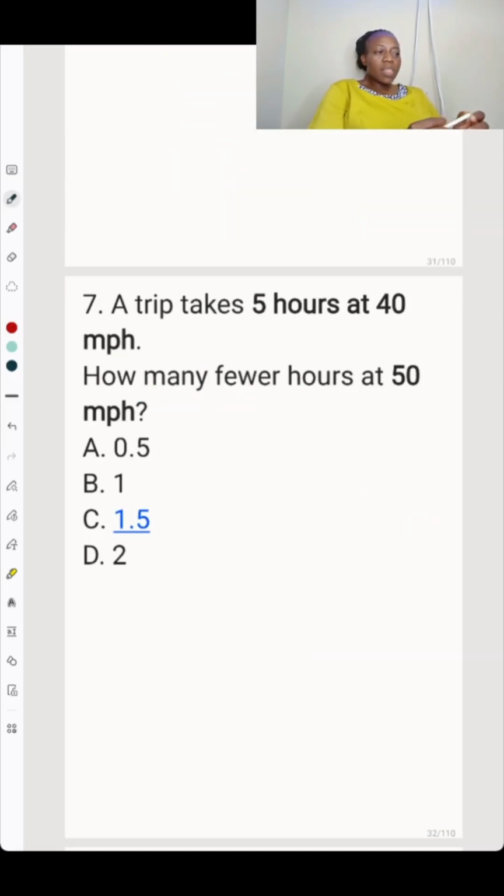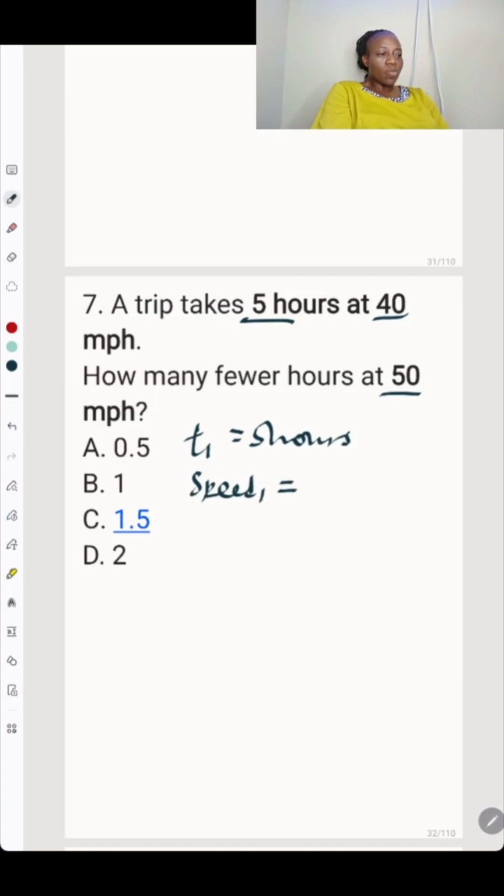A trip takes 5 hours at 40 mile per hour. How many fewer hours at 50 mile per hour? Find the what? Find the distance. We are having time. I will call it time 1, 5 hours. Then speed. Speed 1 is what? 40 mile per hour.